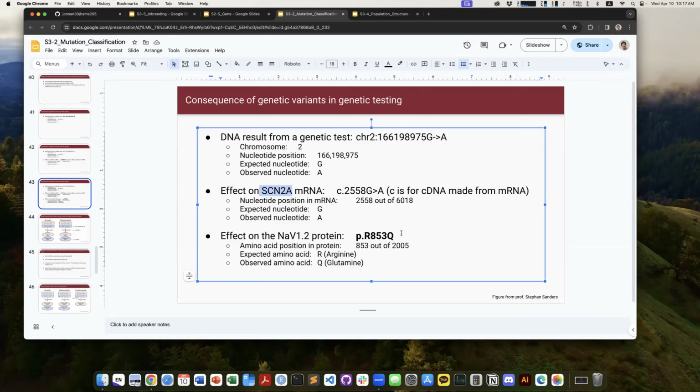At position 853 the residue is arginine, which is R. If the mutation happens, this arginine changes to glutamine, which is Q. Since this is the protein, we put p dot here: p dot R changed to Q at that position. So essentially they are the same mutation, but we have different notations for representing the genetic allele.